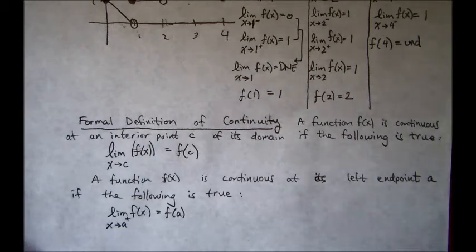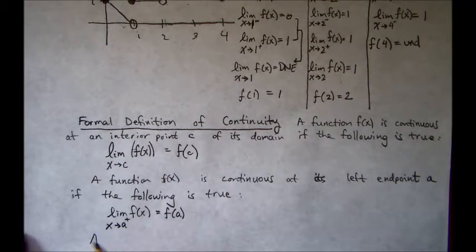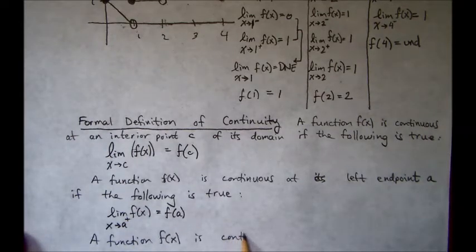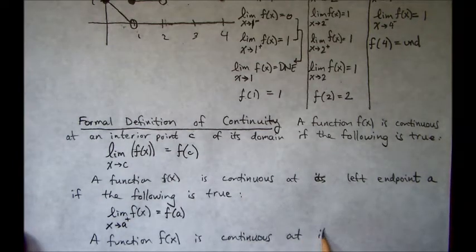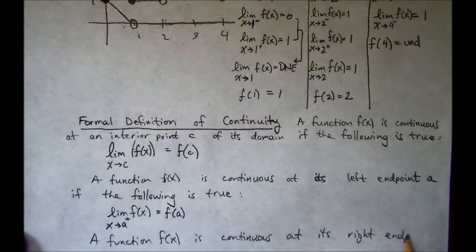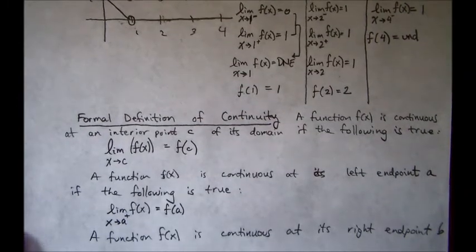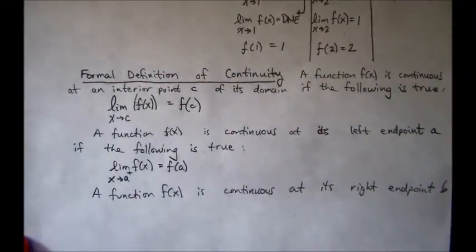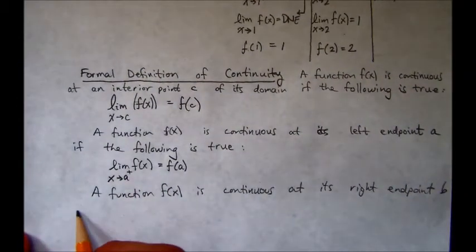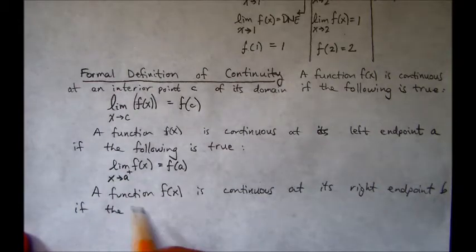And lastly, a function f of x is continuous at its right endpoint b, if the following is true.